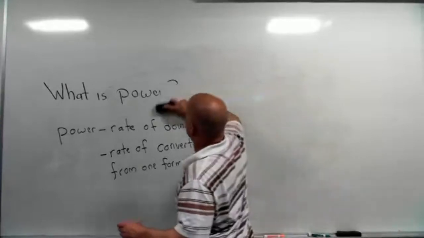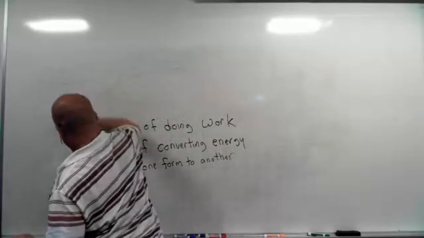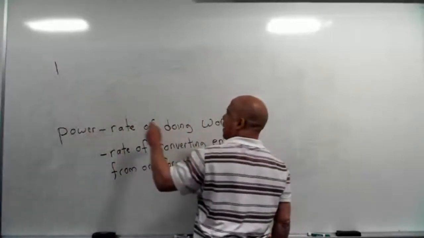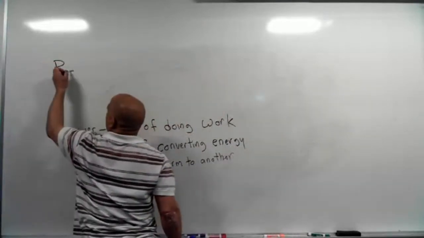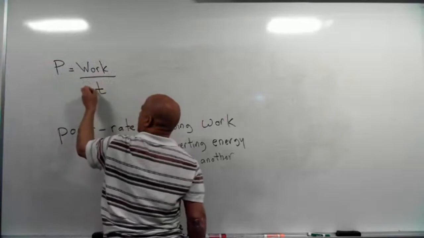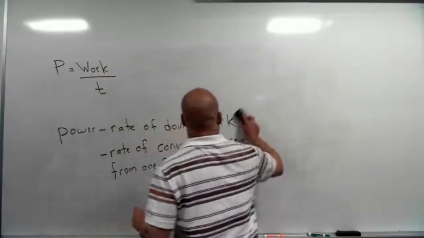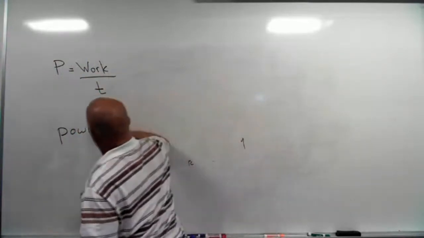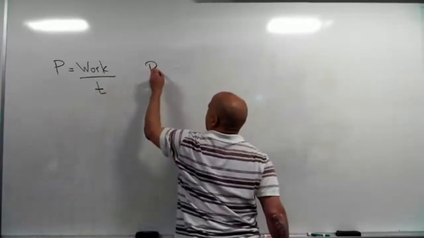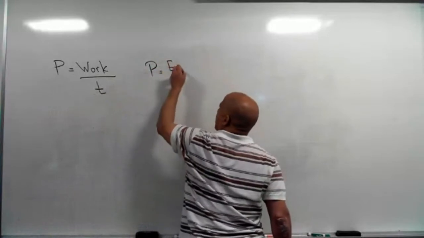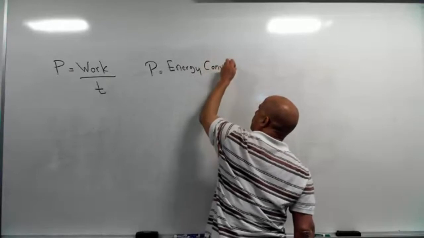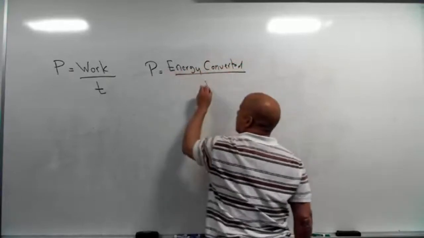So I'm going to write the expression. So power, one way is if I use this rate of doing work. So power would be work per unit time, or power will be energy converted per unit time.